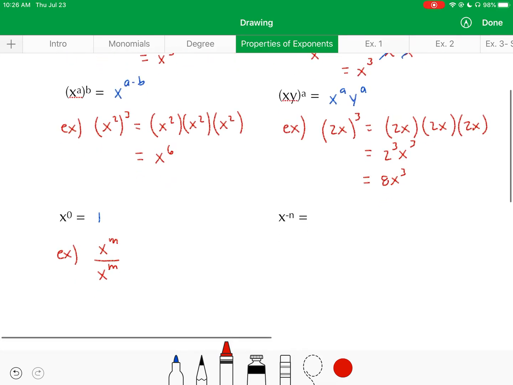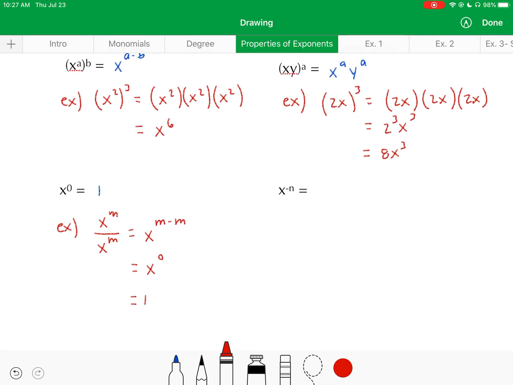So in the end, I know this is going to equal 1, but understand if I apply the quotient property of exponents, that means I would subtract the numerator's exponent by the denominator's exponent, and wouldn't that just lead me to x to the 0 power? And of course, we can then say, well, we knew from the get-go that anything divided by itself equals 1, so that must mean x to the 0 power equals 1 as well.